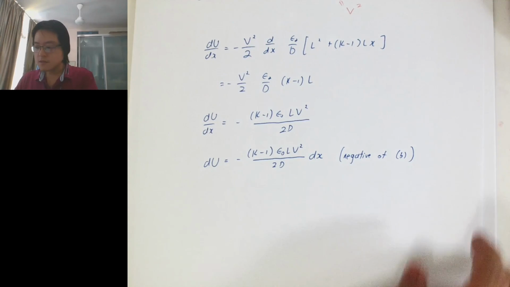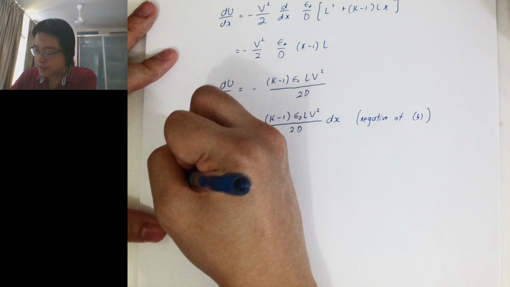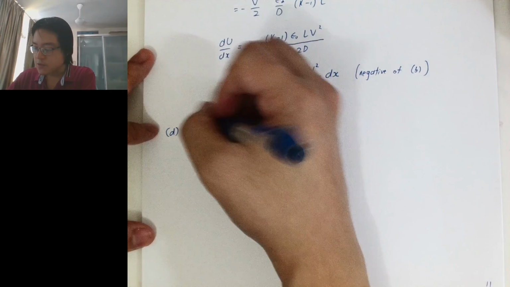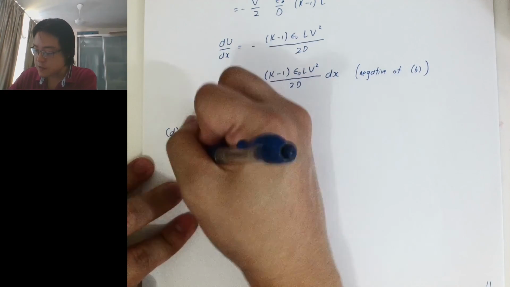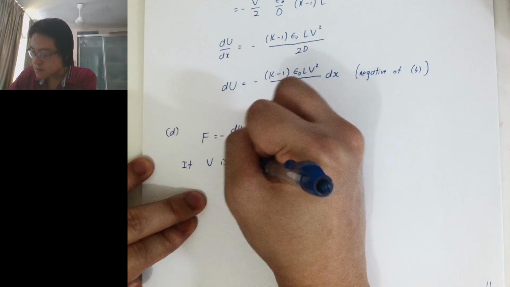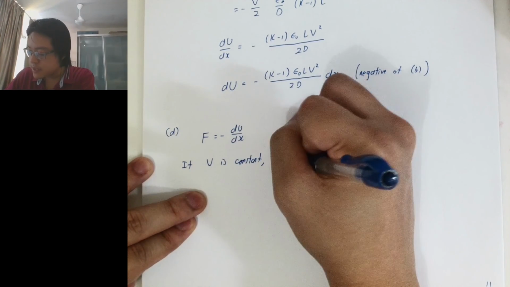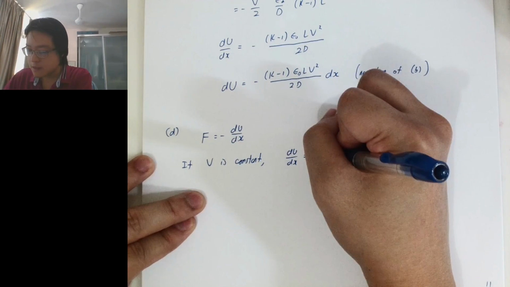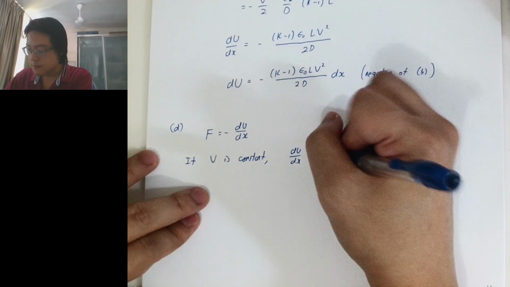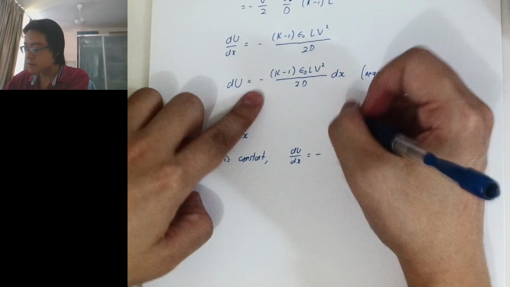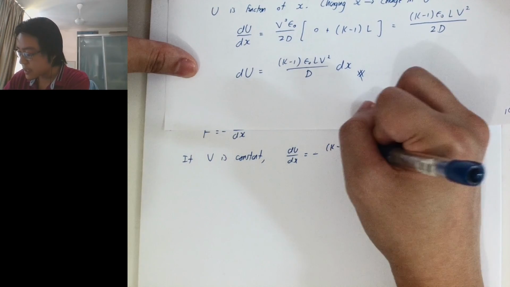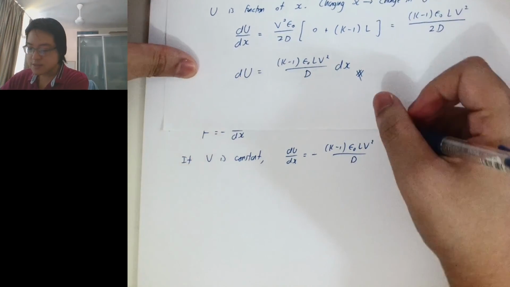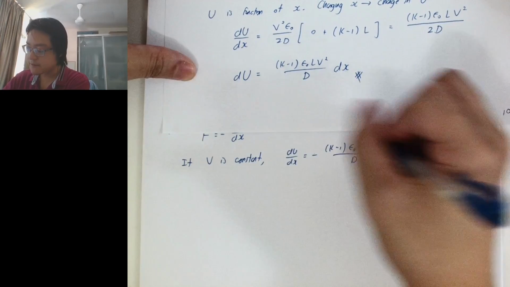Then very quickly, to the last part. I know we're almost out of time already. We use the formula dU/dx, and I can determine the direction of the force. If V is constant, then we have found dU/dx to be (k minus 1) epsilon L V squared over D, which is positive.